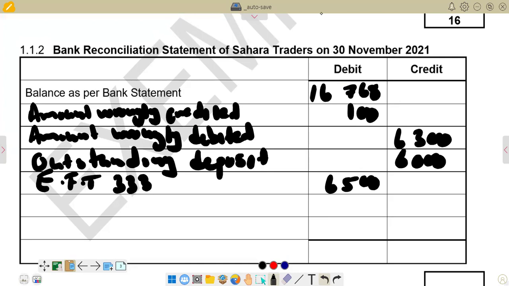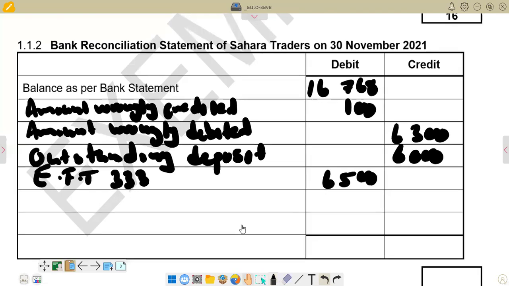So with this, we can try to see if we can balance it. Obviously, you are supposed to get the total of debit, put it aside, and then get the total of credit, put it aside, then you compare which one is the bigger total. The bigger total is supposed to come in between double lines. So what we are saying is, get the total of debit and credit.